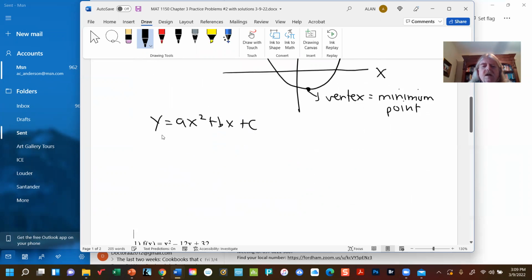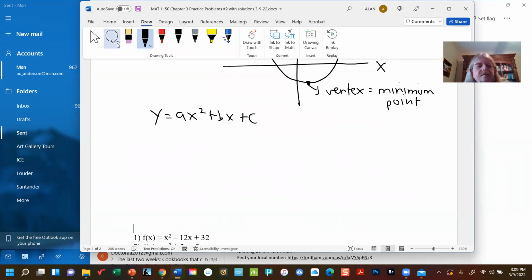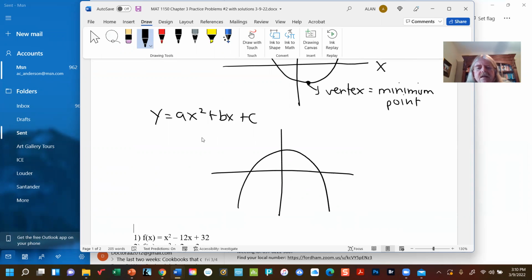Okay, so in other words, if the equation has a negative a, then the vertex is the maximum point.